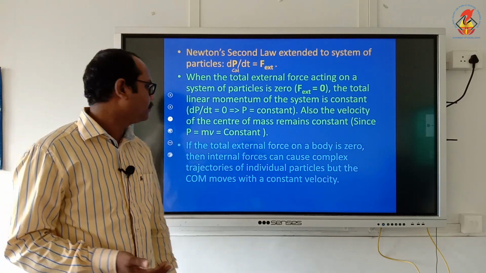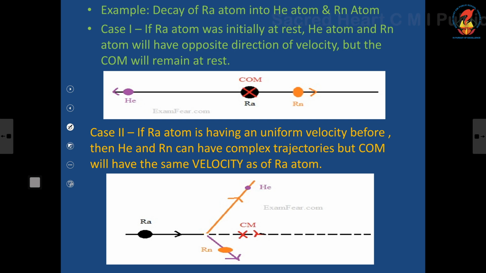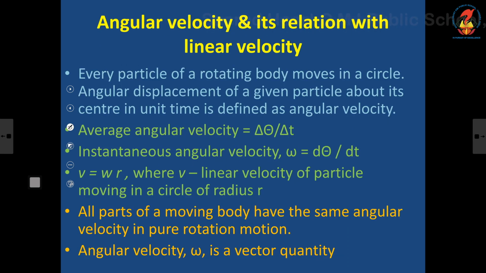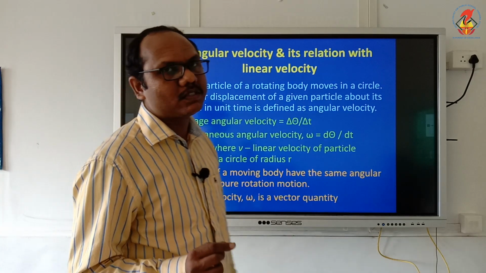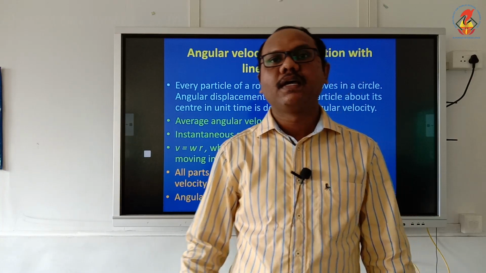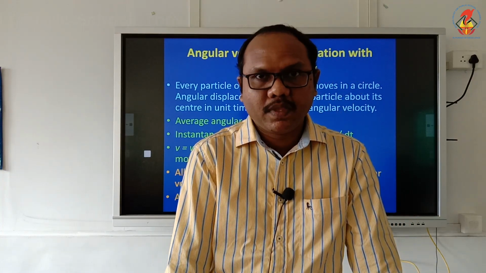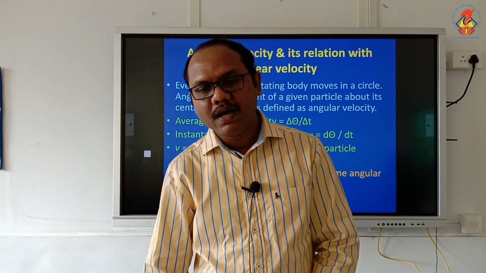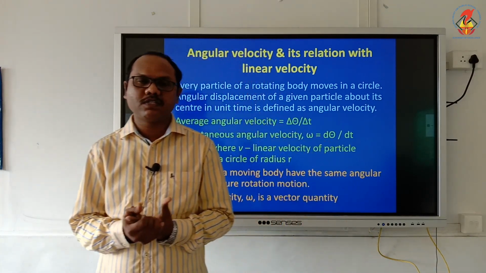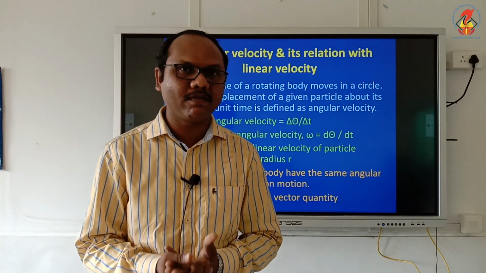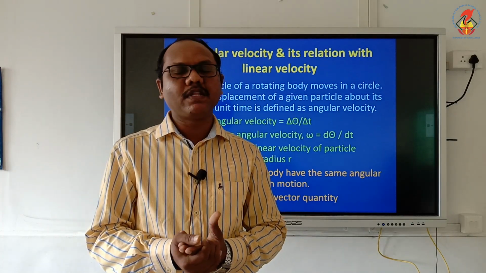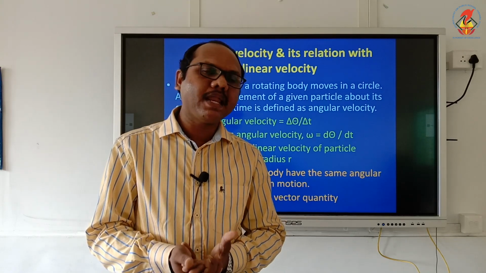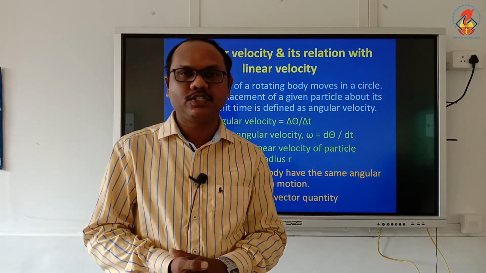Now, angular velocity and its relation with linear velocity. We already studied angular velocity and angular acceleration in motion in a plane. When the body moves in a circular path, it will have a rotational velocity, that is the angular velocity. And when the body is in rotation, there will be an acceleration which is called angular acceleration.